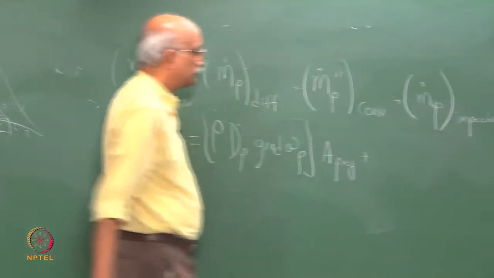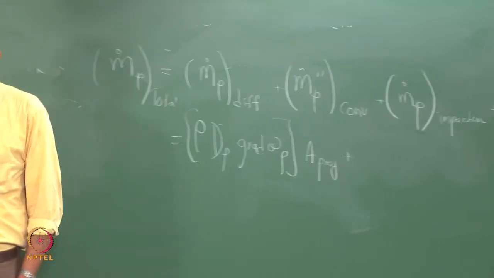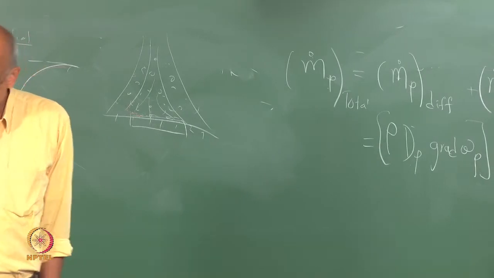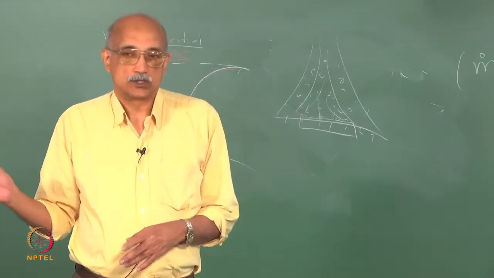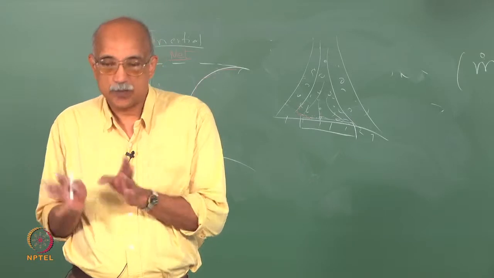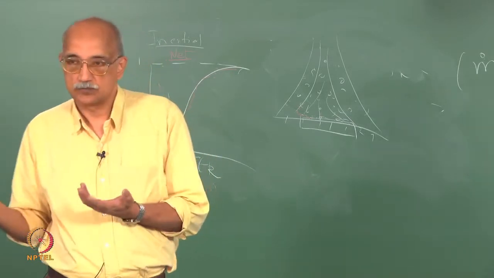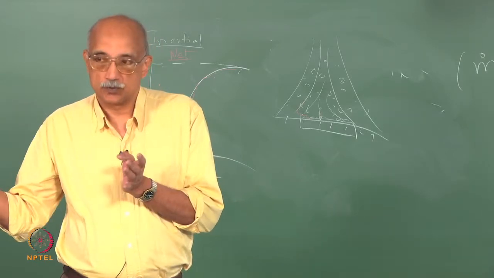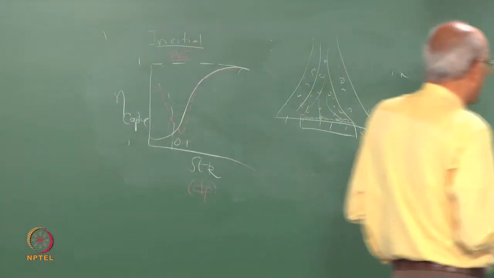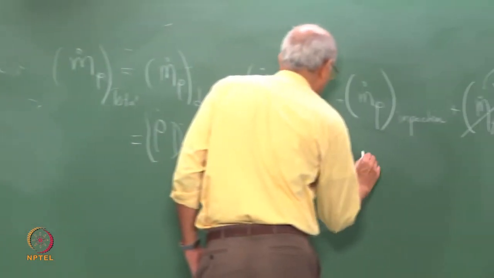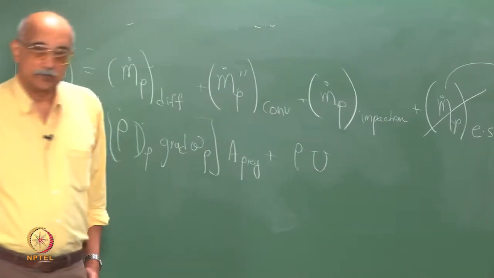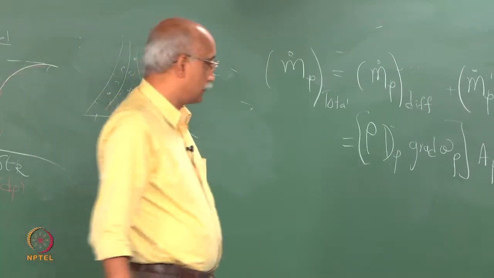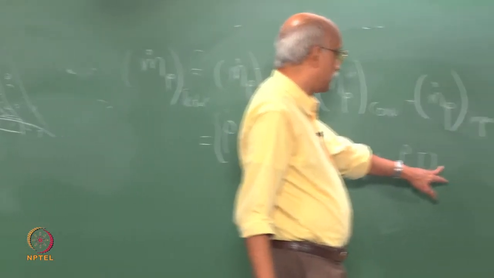How do you write the convective component? In convective transport of particles, the particles are just going along with the flow. So, the particle flux is set by the flux of the carrier fluid. There is no deviation of the particle from the streamlines of flow. So, you can simply take rho times u, which is the convective flux of the carrier fluid, because this is kilograms per meter cube times meter per second.